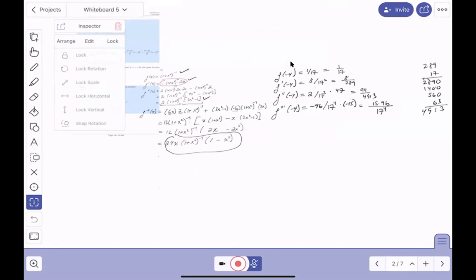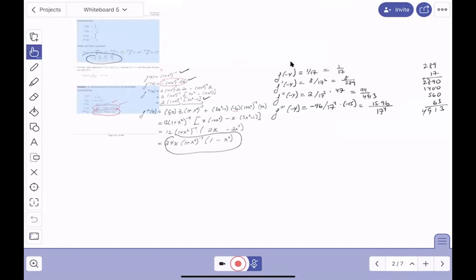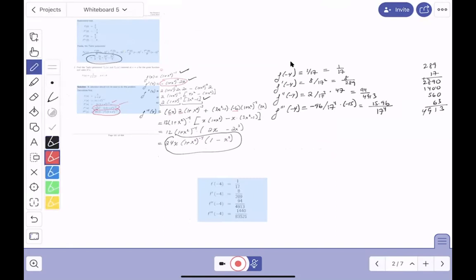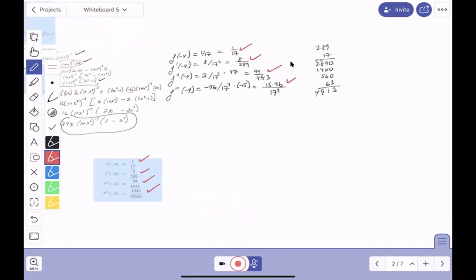And let me just take a look at this. And let's see how we're doing. 1/17th, 8 over 289, 94 over 413. And you know what? I guess I'm just going to trust them. But I think I can do it.